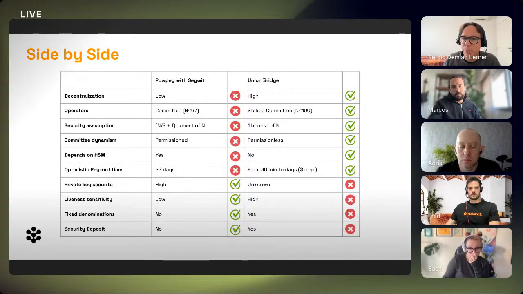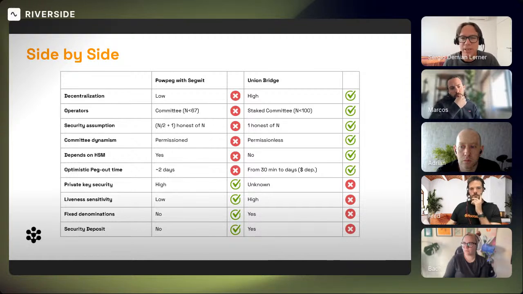For simplicity, we are starting with fixed denominations. So let's say you can peg in and peg out with 0.1, 0.01, 1, 10, etc. BTCs. And if you want to peg out with some fraction, you can split it in smaller units and then peg out. So essentially, initially, we get fixed denomination peg outs.